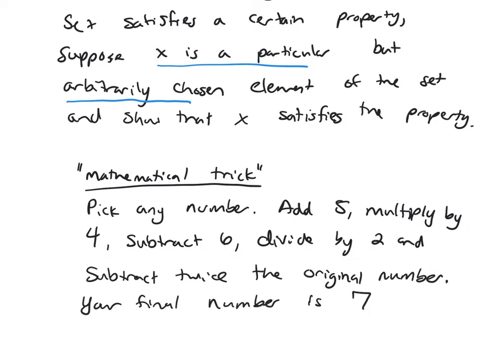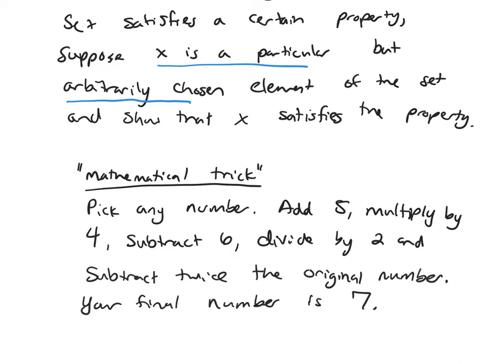is 7. No matter what number you started with, I'm going to tell you you're going to always end up with 7, which seems really crazy, right? Because I just had you pick any number you wanted, do these sequence of steps, and you always end up in 7.